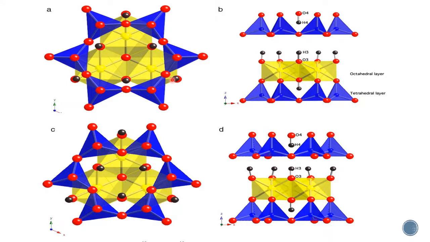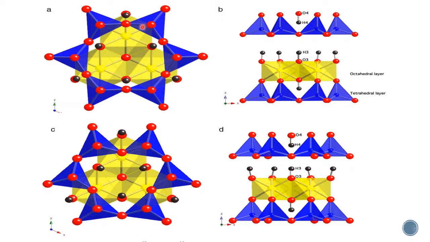Okay, so here is the structure of the phyllosilicates, which I mentioned previously that we will discuss later on. The diagrams shown in blue and red are the silicon tetrahedra. Just visualize this one as silicon, and these red balls are the oxygen atoms.